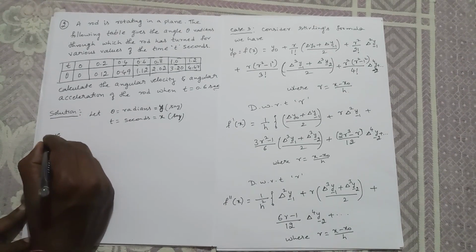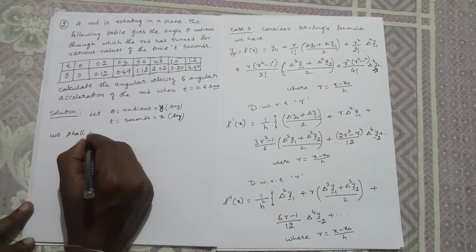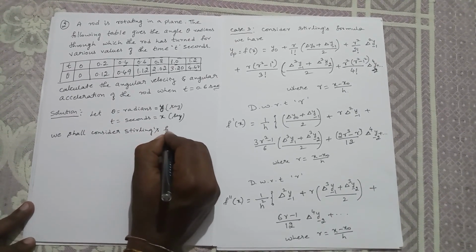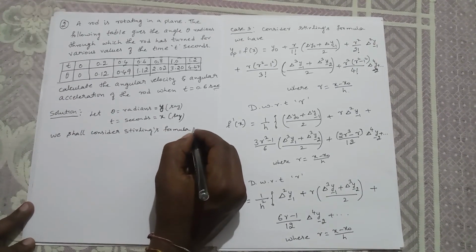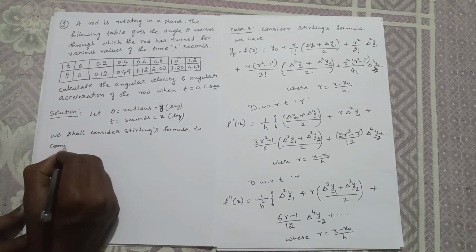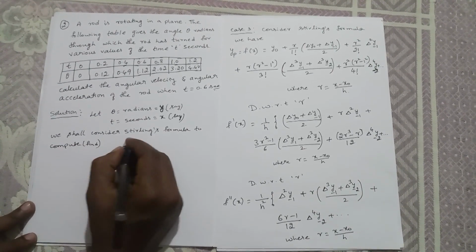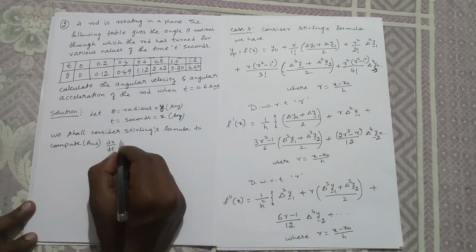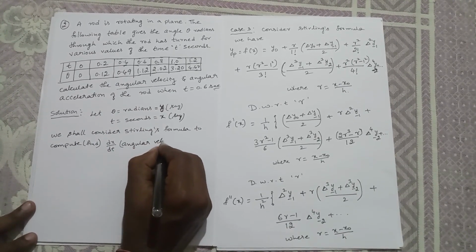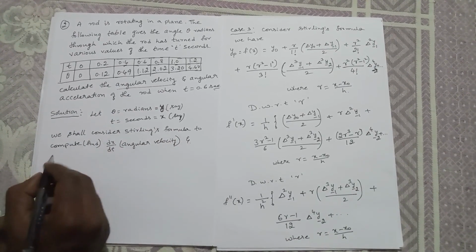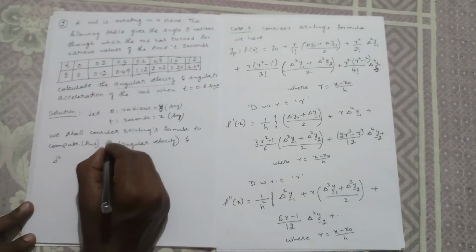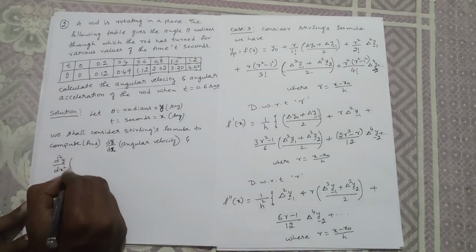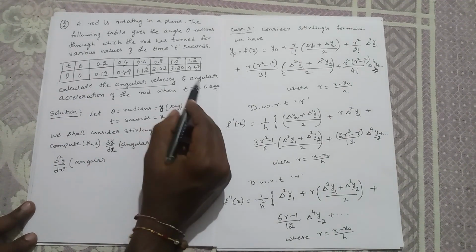Now we shall consider Stirling's formula to find dx by dt, that means here angular velocity, and d square y by dx square, which is angular acceleration.